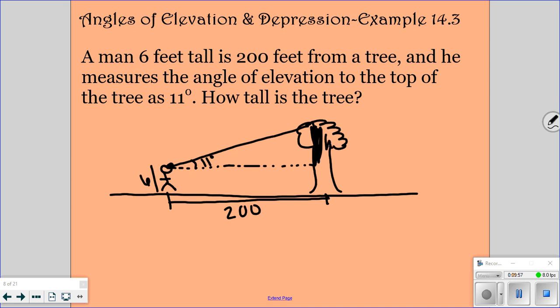Okay, so we have a triangle, and it's a right triangle. And so the base is the same as the 200 because they're the same distance away. And then we're going to be looking for this height. And then this angle is the 11 degrees. So we have our opposite and our adjacent. So that's going to be using tangent. So tangent of 11 is equal to h over 200.